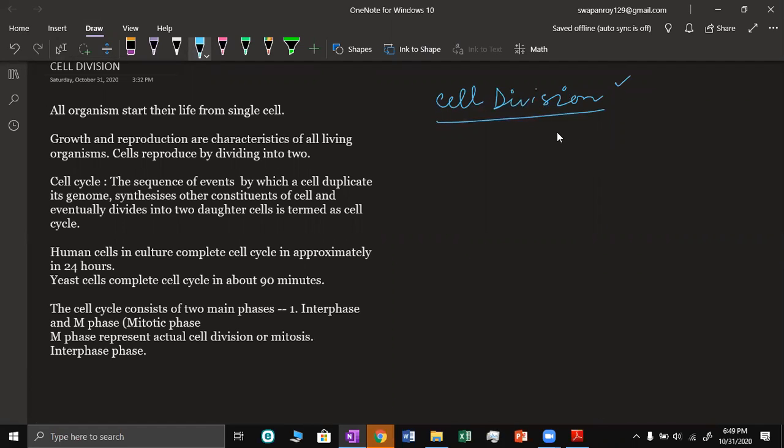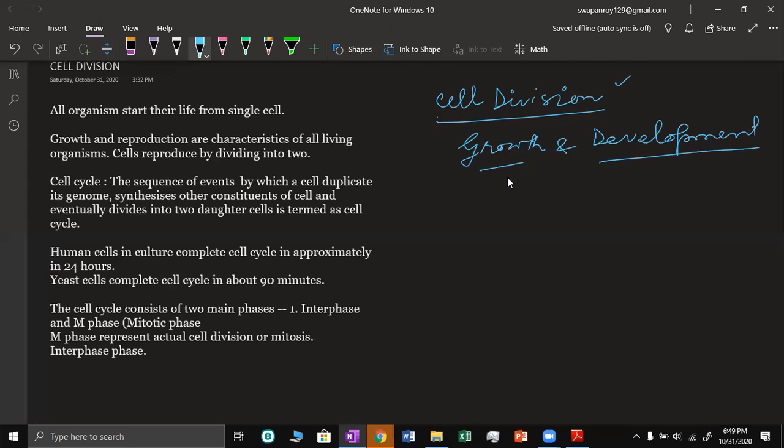So we know that growth and development is the characteristic feature of all living organisms.